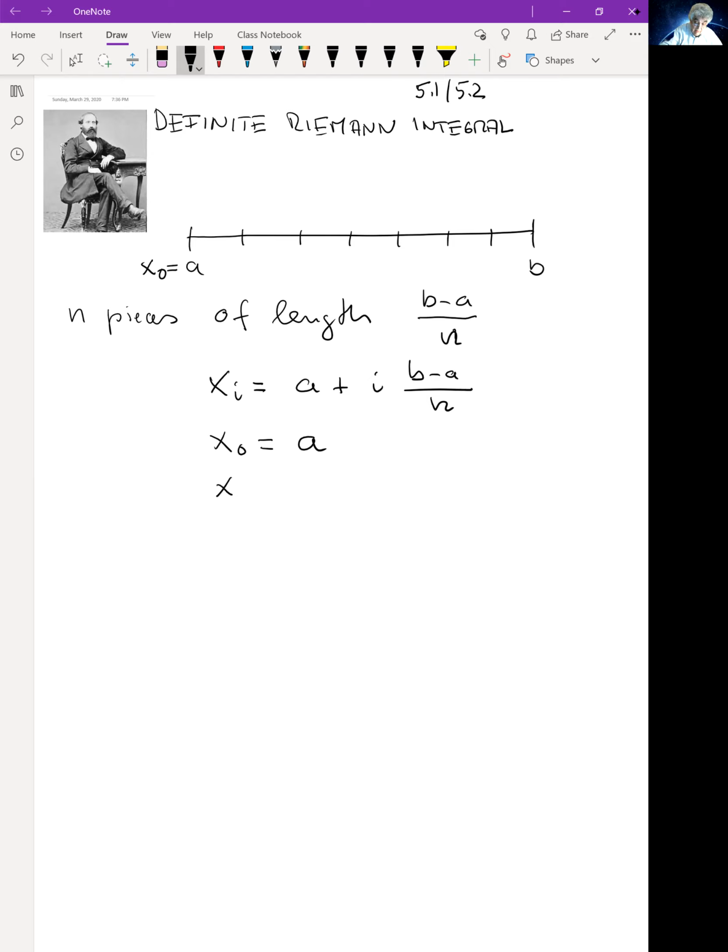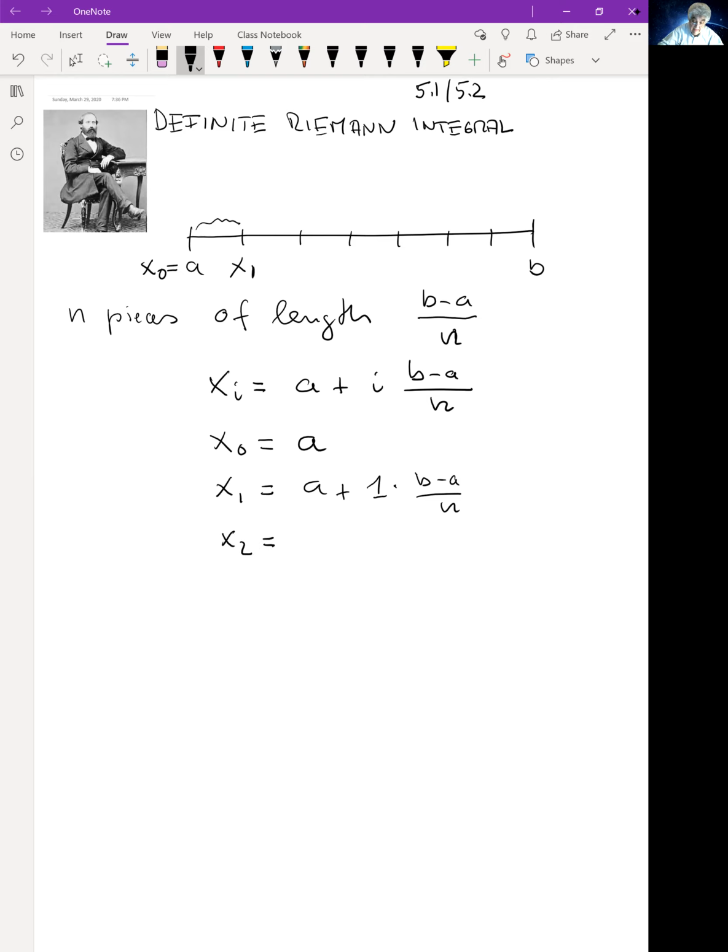What is x1? Now i is 1, then it's a plus 1 times b minus a over n. So I start at a and I go b minus a over n to the right. Then I'm here at x1, because the length of this piece is b minus a over n.